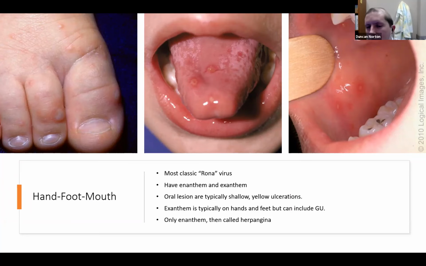This is not our new coronavirus, but it's Coxsackie A16 or something like that. These typically have both an enanthem and an exanthem. When you look in the mouth and you see these ulcerations, they are typically very shallow. They're not as painful as herpes, the more severe version of it.